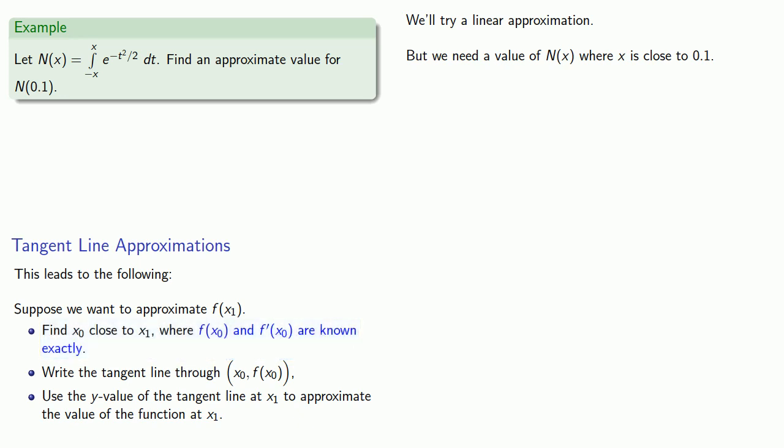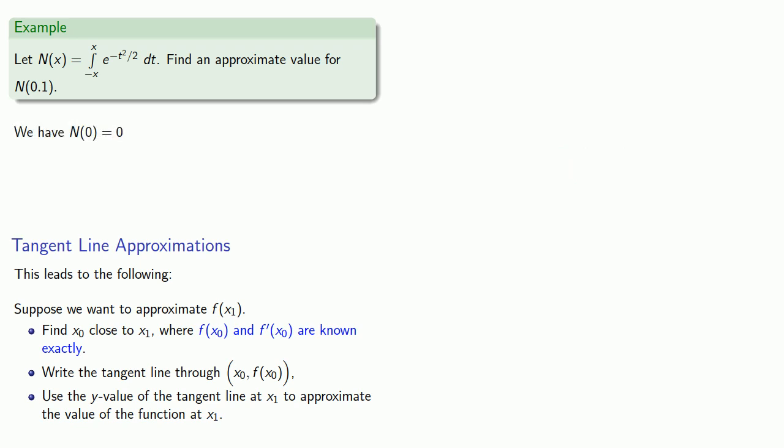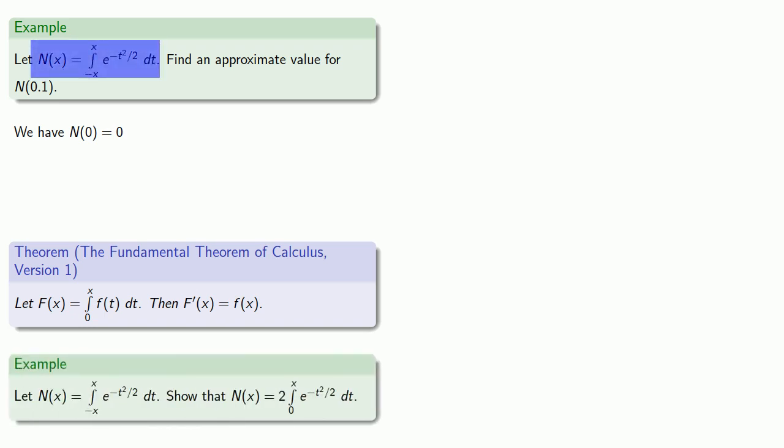Since n of x is defined by a definite integral, then we know n of 0 is 0. What about n prime of 0? The fundamental theorem of calculus tells us something about the derivative of a function defined as an integral from 0. Unfortunately, this function is defined from minus x. Fortunately, we showed that this could be written as a function defined from 0.